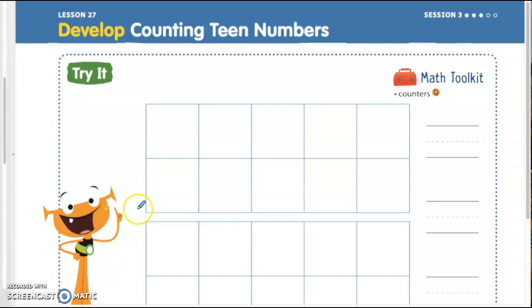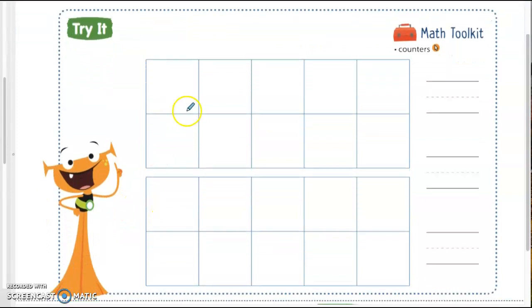So if we look at these two 10 charts, we all know that word 10 chart. A 10 chart is a chart that has 10 squares. 1, 2, 3, 4, 5, 6, 7, 8, 9, 10.